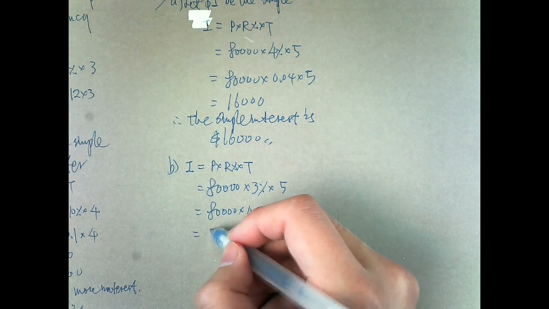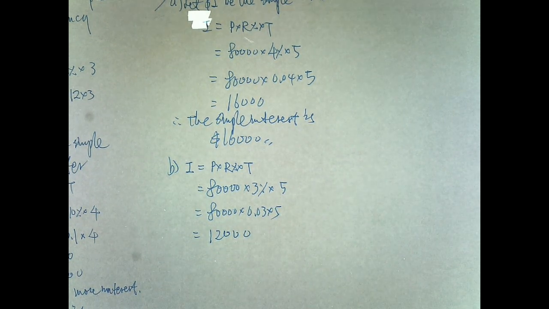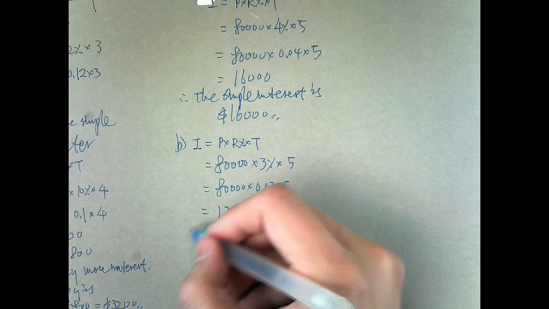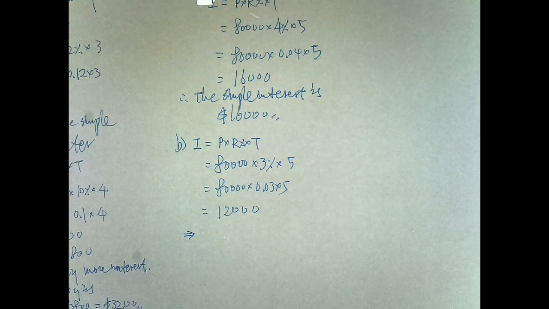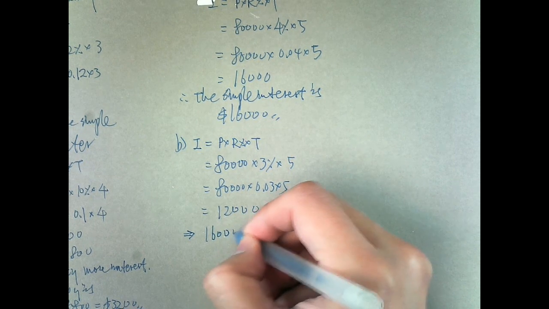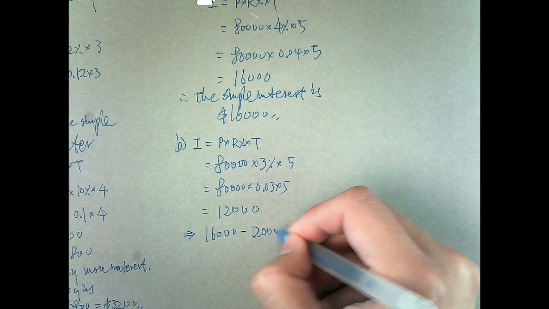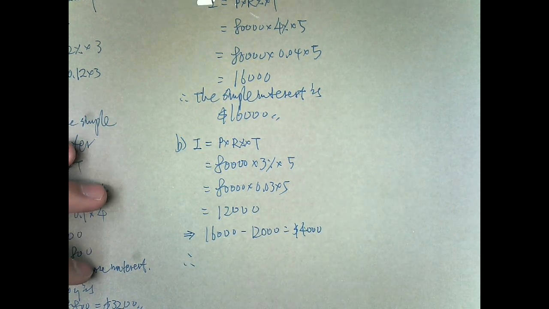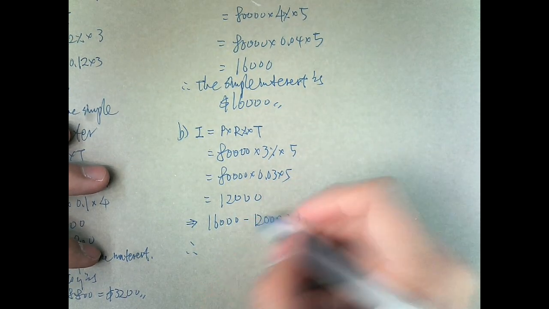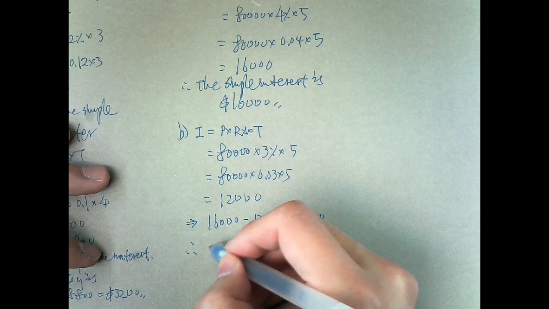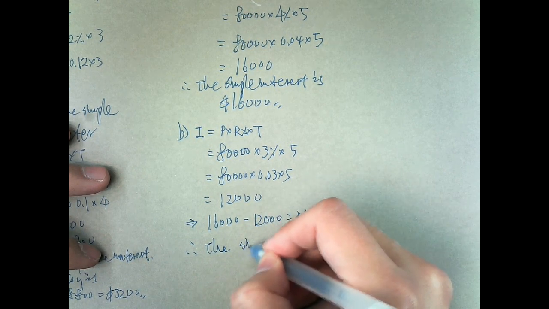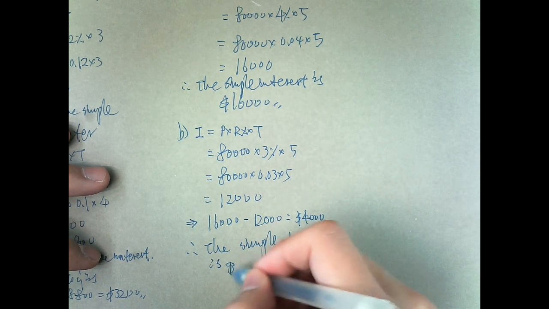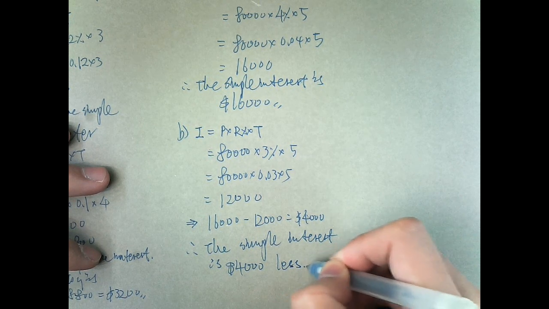So it is like this. To do 16,000 minus 12,000 just equal to 4,000. Okay, so you have to make the conclusions. The simple interest is 4,000 less. Okay.